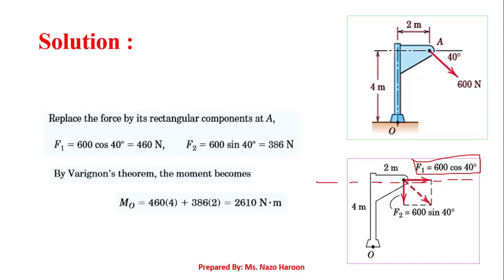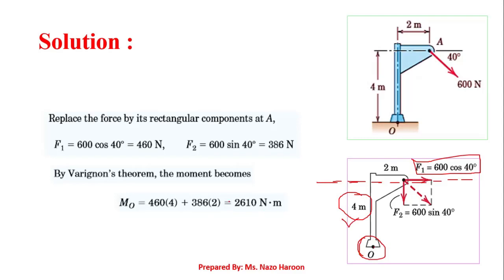What I have told you is that the moment arm distance has to be the perpendicular or orthogonal distance from the point about which you have to find the moment to the line of action of the force. So you may easily see that this is the line of action and this is the point where you have to find the moment. So this 4-meter distance is the vertical distance, which means in this particular case your moment arm is 4 meters.